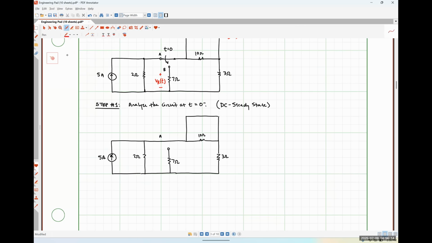I'm interested in finding this current, IL, at 0 minus, and I'm interested in finding this voltage, VR, at 0 minus. So, can anybody tell me how we might find either of those two quantities?